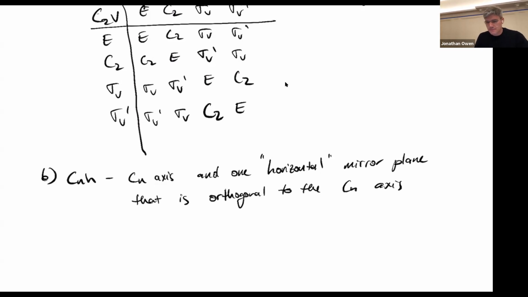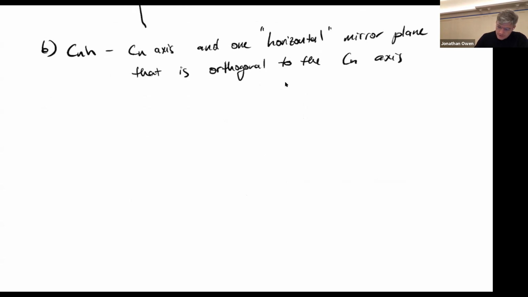These are tricky. It's hard to recognize them. Let's do an example here, C2H. They all kind of look like this. They're often planar.